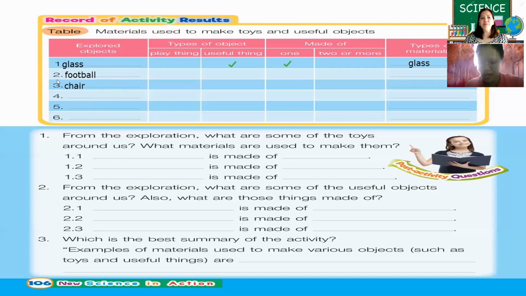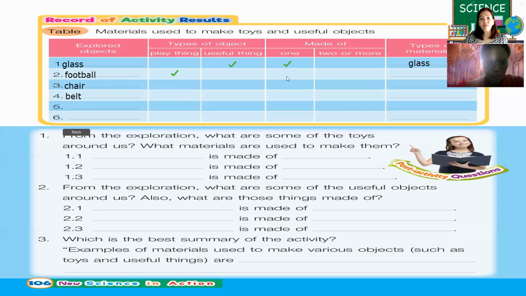Next, number 2, we have the football. Football, it's a ball. Is it a plaything or a useful thing? It is a plaything. We use it for playing. What is it made of? Is it made of one material or two or more materials?